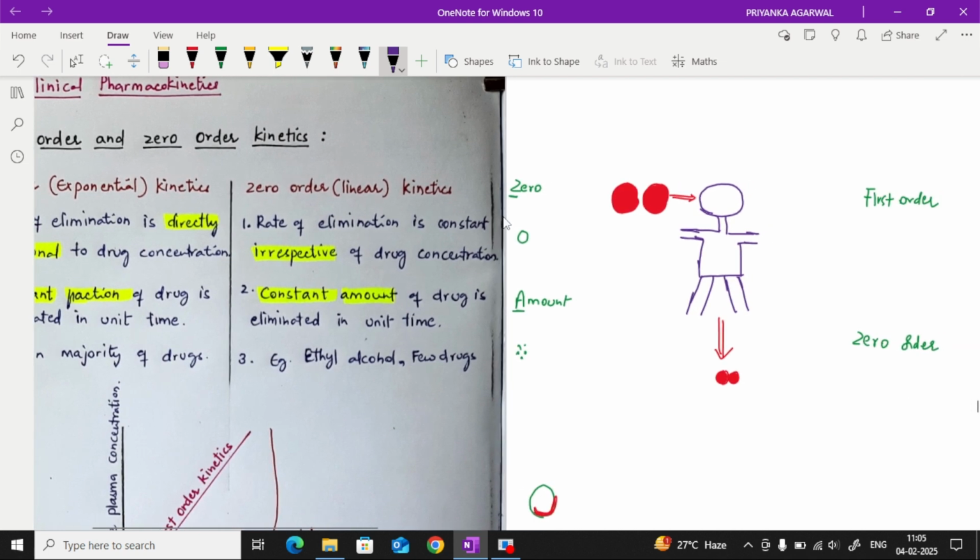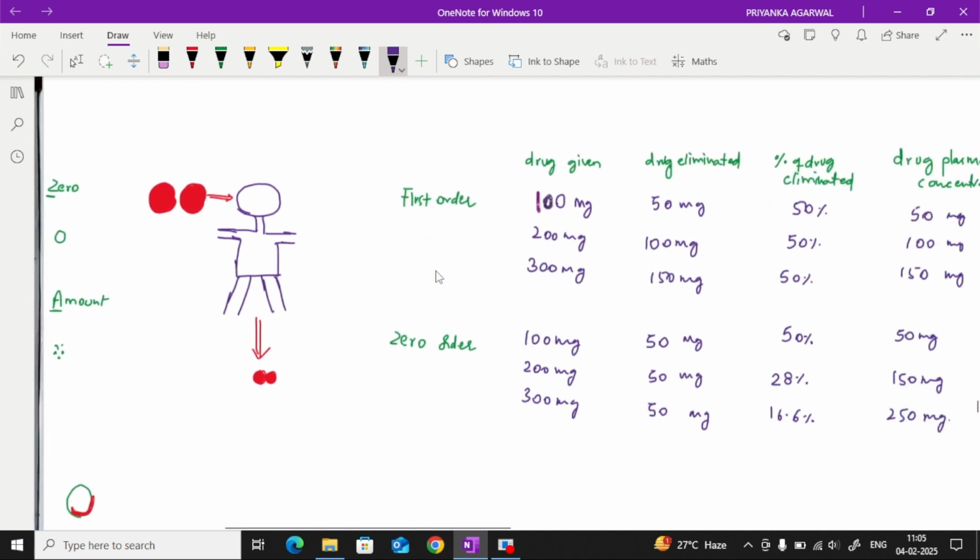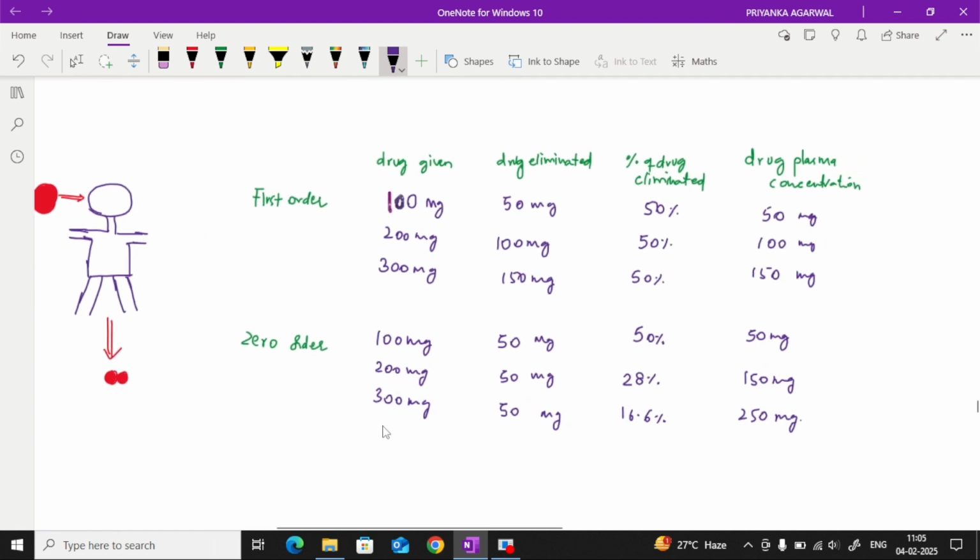What is written here? Rate of elimination is constant irrespective of drug concentration. If you increase the dose from 100 to 200 or 300, the drug eliminated is constant. Here it will be 50, 50 and 50. Whether you give 100, 200 or 300, the drug eliminated will be the same.